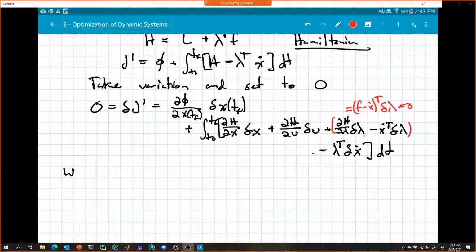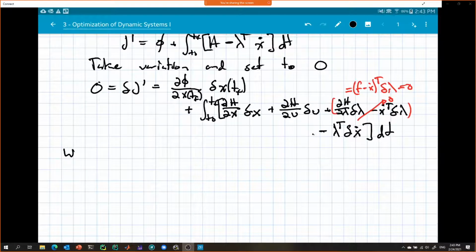So we cancel both of these terms. Okay, now what do we have? We have variations in the states x, variations in control u, and then the variation in x dot. To eliminate this, this x dot is the first thing we're going to focus on.